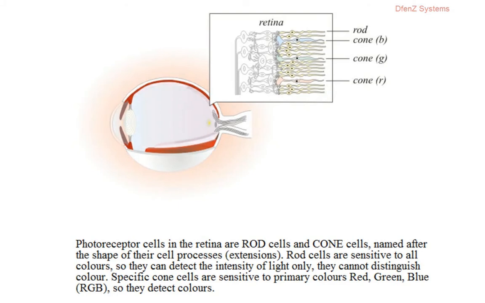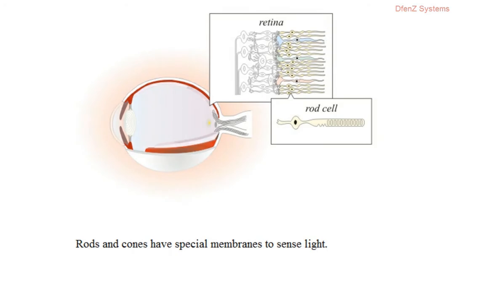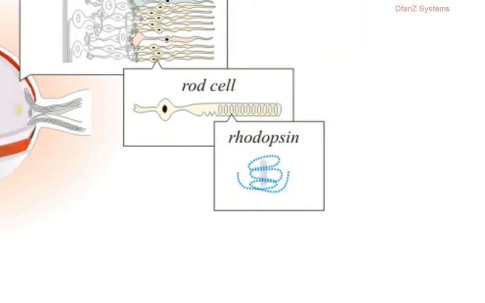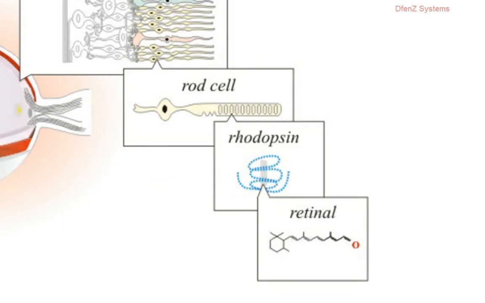Function of the eye. Sensory cells of the retina are rod cells and cone cells. They have special cell membranes. The membranes carry light-sensitive chemicals like rhodopsin. Rhodopsin is a protein molecule opsin which binds an aldehyde molecule retinal.